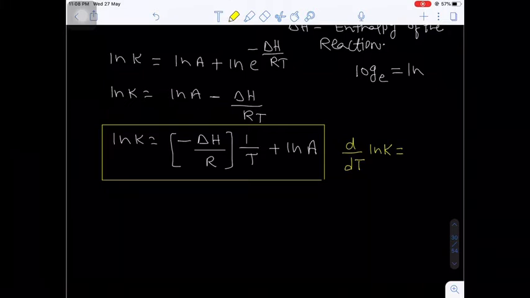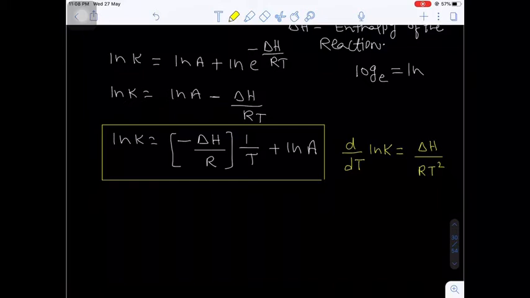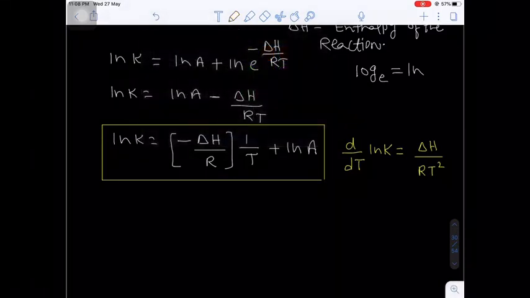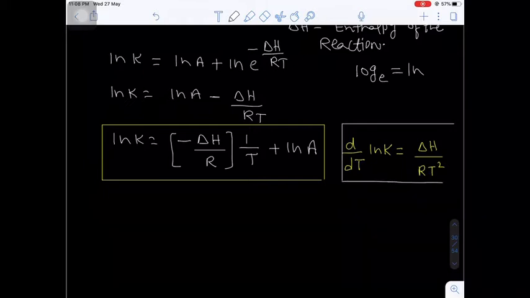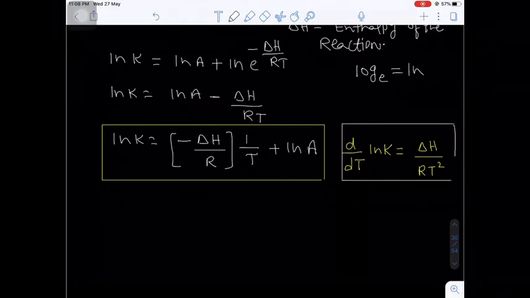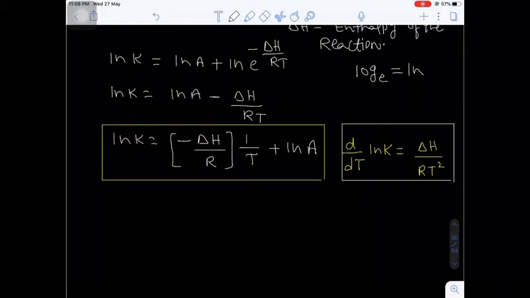The differentiation of 1 by X is minus 1 by X square. So this is delta H whole divided by RT square. ln A is a constant, and the differentiation of a constant is 0.